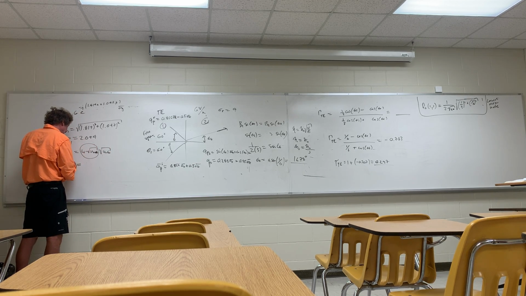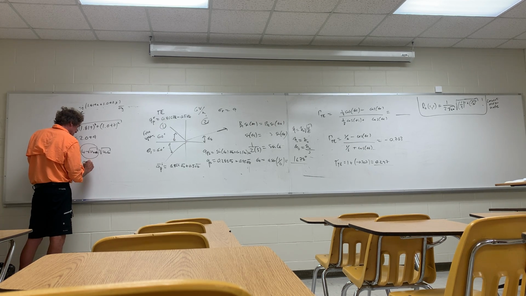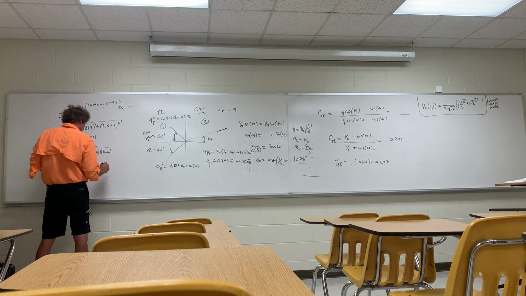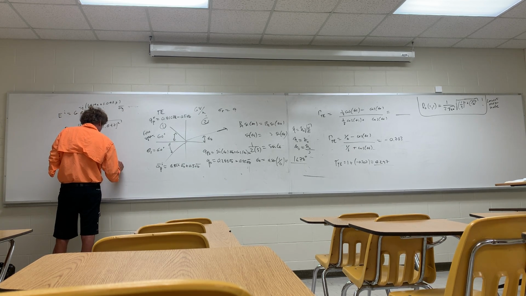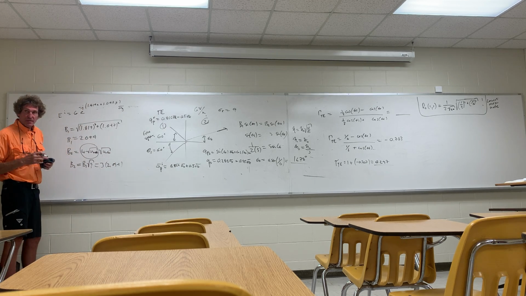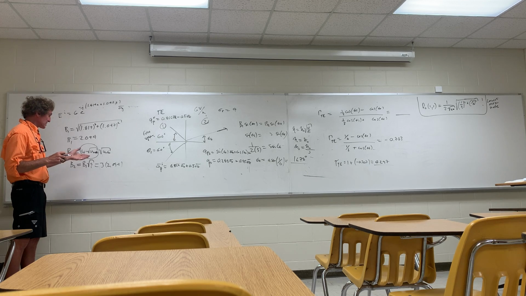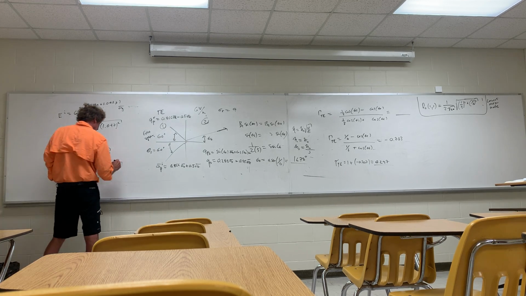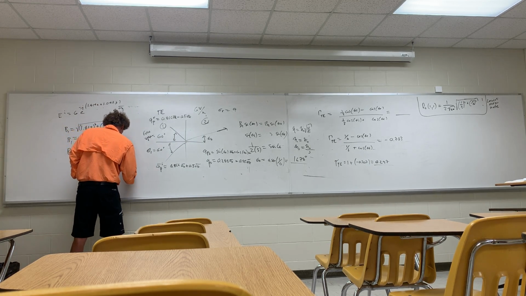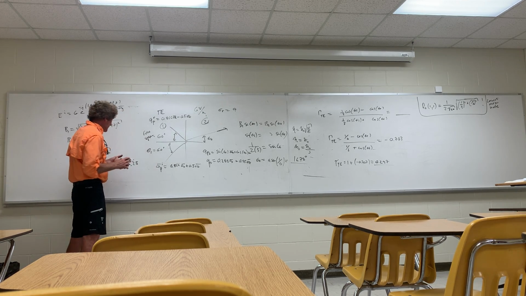Well, this is beta 1, so beta 2 is beta 1 times square root of epsilon relative, which is square root of 9, which is 3, so beta 2 is 3 times 2.094. You can check with me. Can you give me a number for that one? 6.28. Yes. Okay, got that.